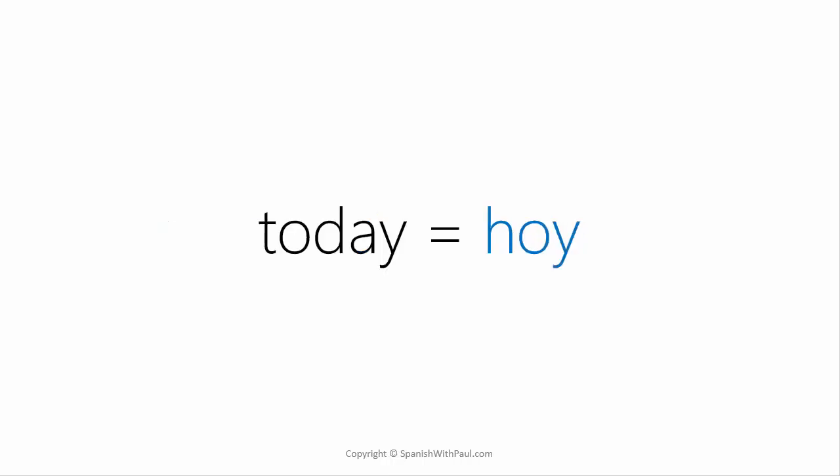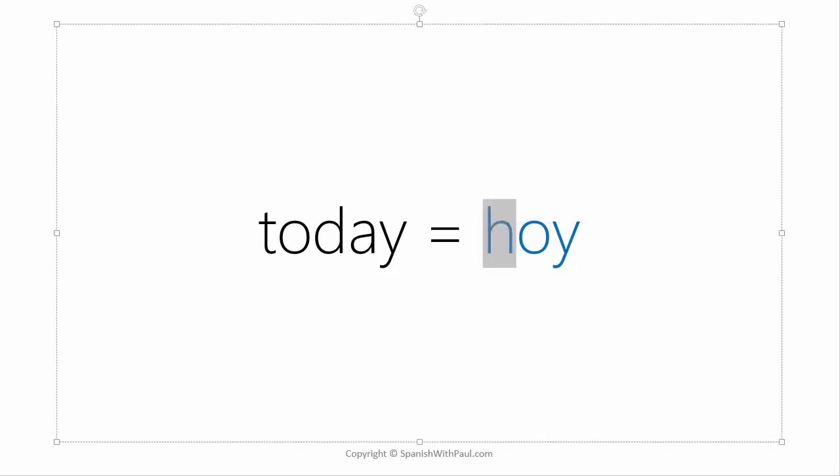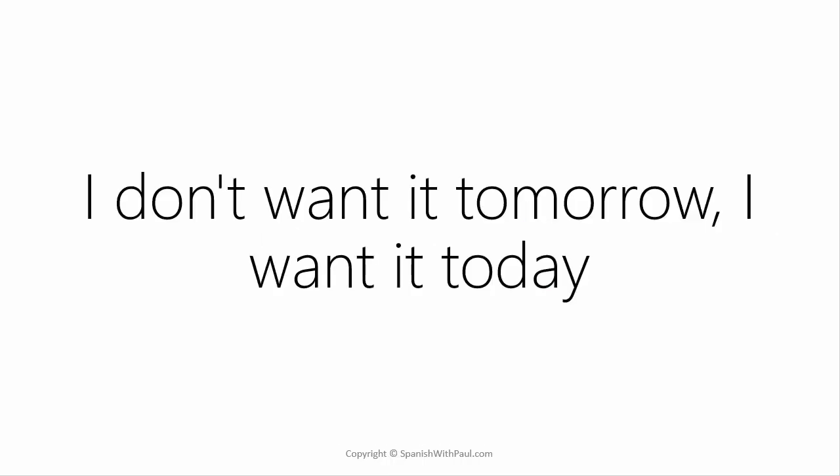The word for today in Spanish is hoy. Hoy. This H, remember, is silent in the pronunciation. Hoy. Try to say, I don't want it tomorrow, I want it today. And remember to pause if you need time to think it out, step by step.